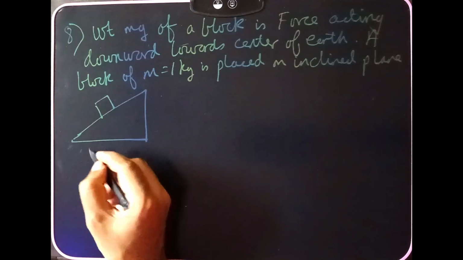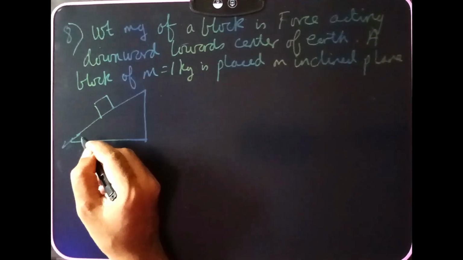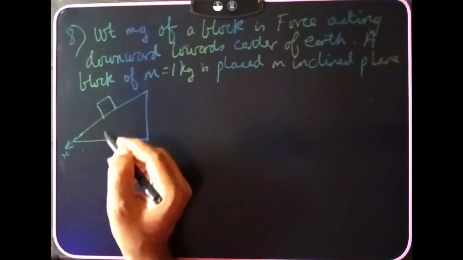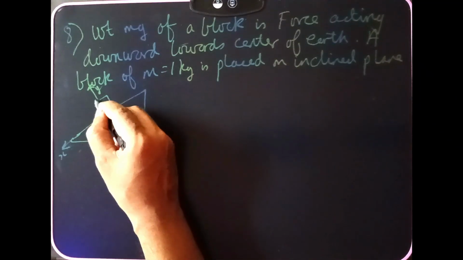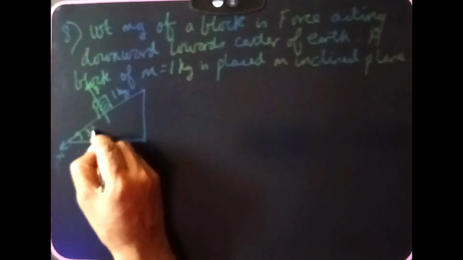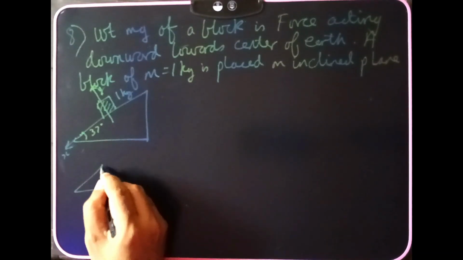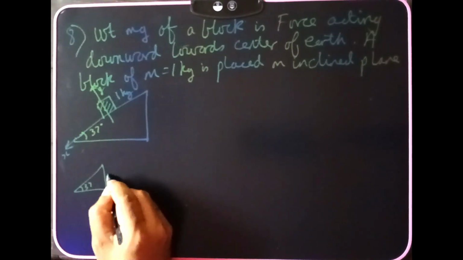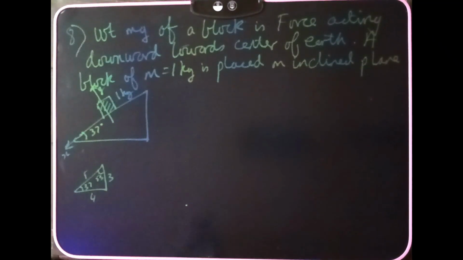This is the block, and this is x and this is y. This is a 1 kg block, and this angle is shown as 37 degrees. Remember, for 37 degrees, if this is 37, then this side is 3, this is 4, this is 5, and this angle will be 53. These are the sides of the triangle here.